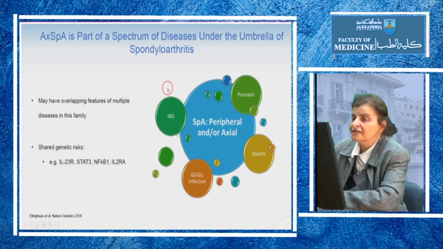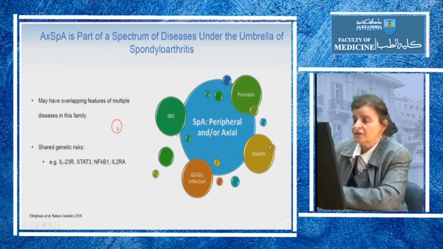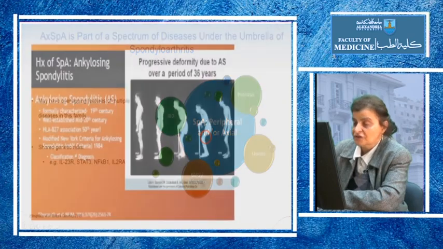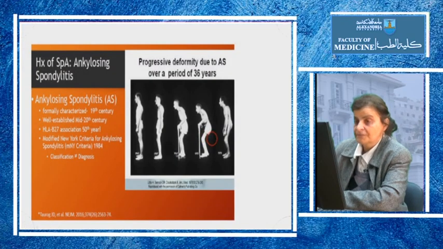So when you think of axial spondyloarthritis, or spondyloarthritis in general, it's a spectrum of diseases under the umbrella of spondyloarthritis. Sometimes, as you see, there may be overlapping features; we may have peripheral and/or axial manifestations present, and we may have a combination of features, and they share genetic features.